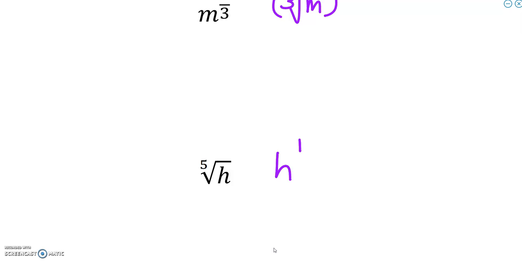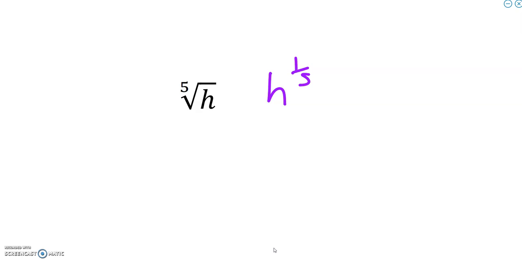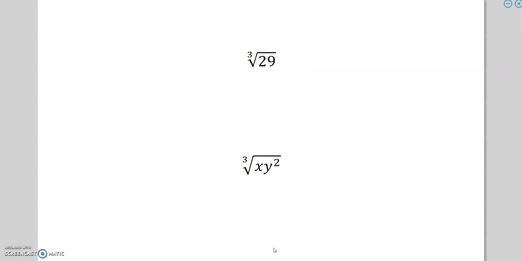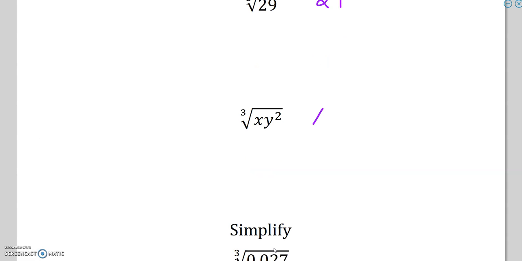This one's going to be h to the 1/5. This one's going to be 29 to the 1/3. This one is going to be x to the 1/3, y to the 2/3, because exponent over index, right? X has an exponent of 1 and y has an exponent of 2.